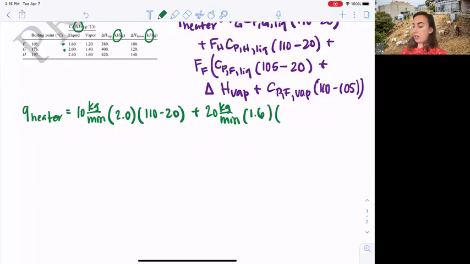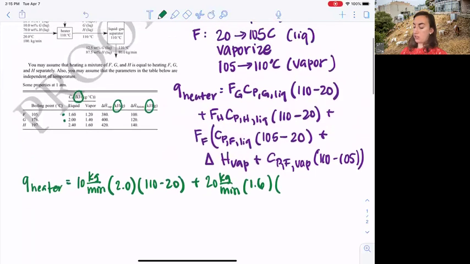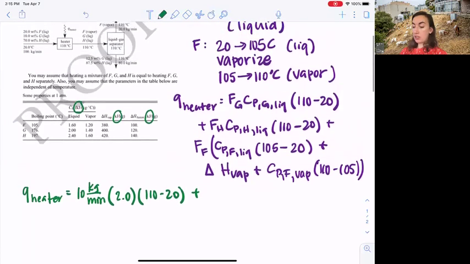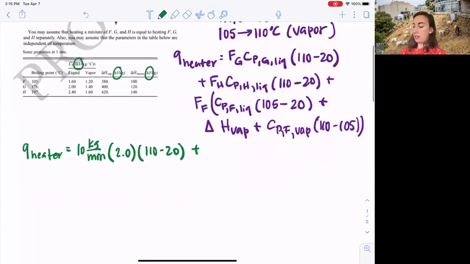And then again, we should be doing H. That is my mistake. So I'm gonna erase. F is the one that has phase change.